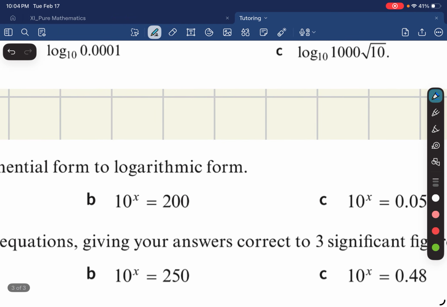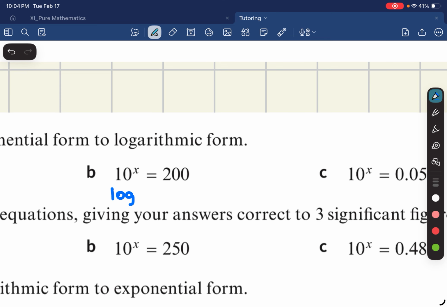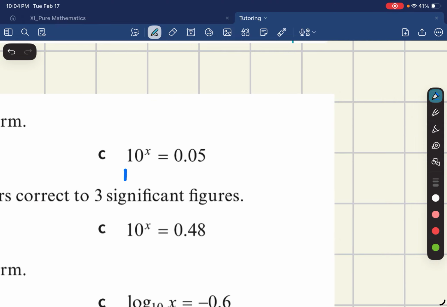So that is how you want to solve it. So keep your base. You put this number. You're saying that if you're raising 10 to x, you're getting 200. You're saying that you take your log, right? Your base is the same. You're saying that if you raise your 10 to this power x, you get 0.05.